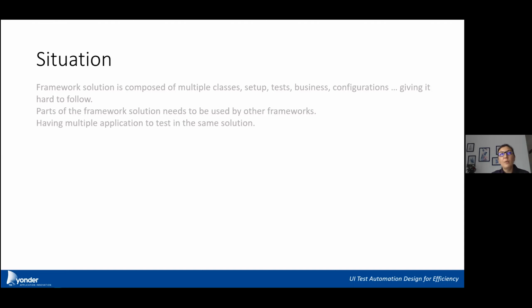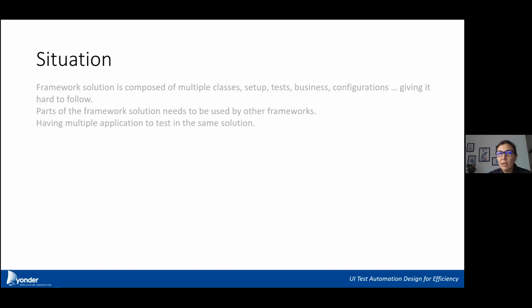And another situation is that we have multiple applications, actually multiple pages, multiple products to test in the same solution, some of which can be dependent one on another. So we are going to use the same control level, the same libraries over each one.